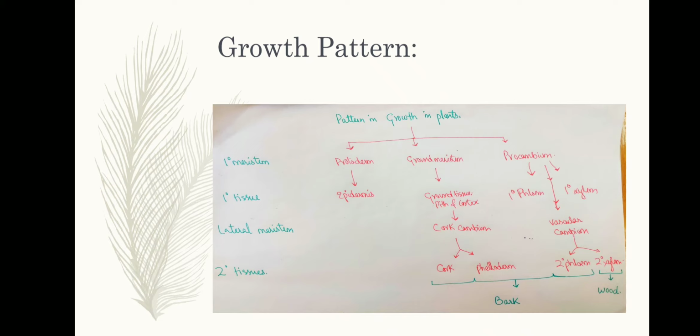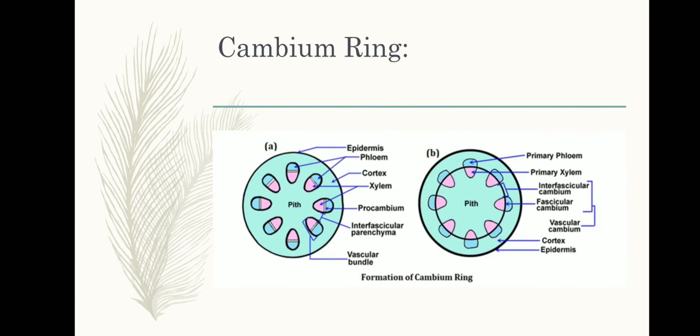So now if we talk about plant development, we can characterize plant development by the increase in the girth. This increase occurs when primary growth of the plant ceases. Means जब apical meristem, shoot apical meristem या root apical meristem growth cease करता है, that time secondary growth occurs.